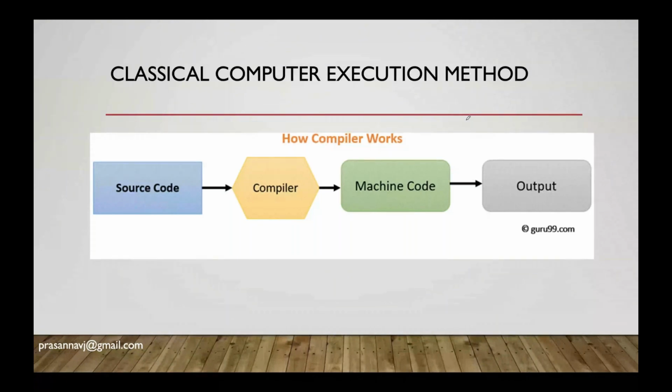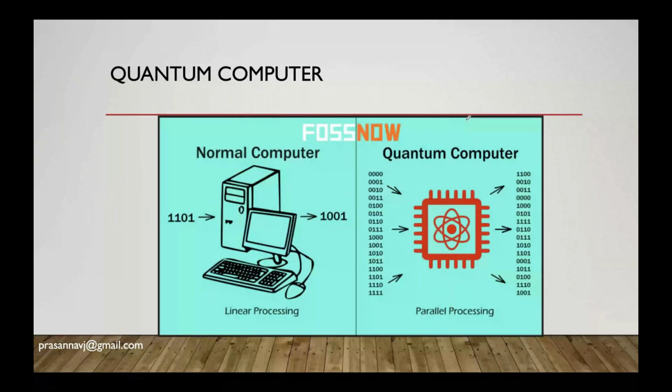Now let's look at it from a quantum computer's point of view. The typical classical computer goes through the process in a very linear fashion, where things get executed in a very linear way. Even though we are talking about some parallel processing within the classical computer, we cannot compare it to the kind of parallelism that is brought in by the quantum computer.